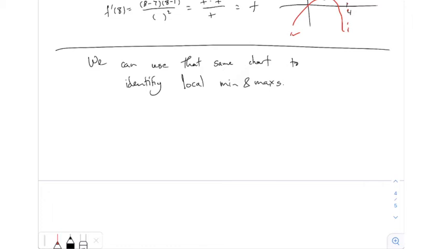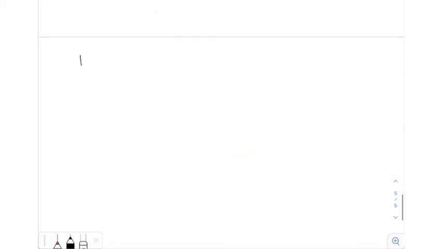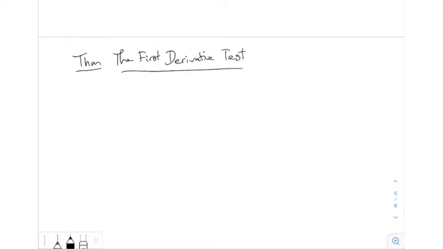There's a big sounding name for this concept, and I'll write this as a theorem on the next page. It's called the first derivative test. It's called the first derivative test because you use the first derivative to do it. There's also a second derivative test which uses the second derivative, the derivative of the derivative. But this is the first derivative test.